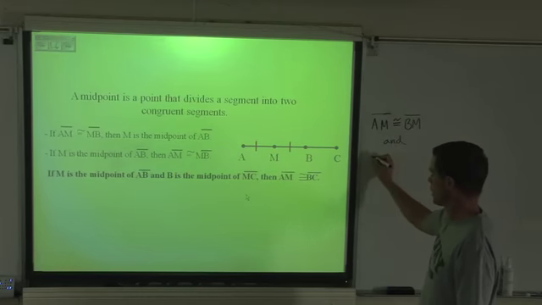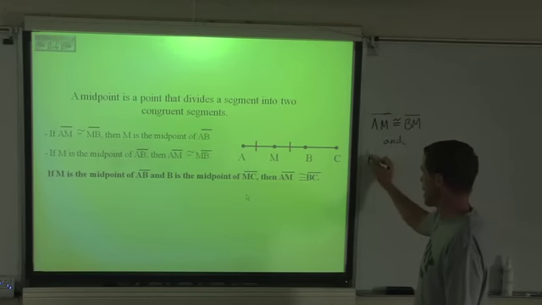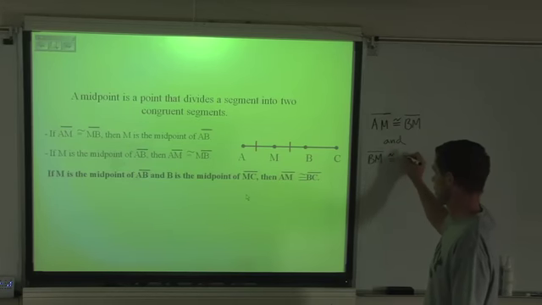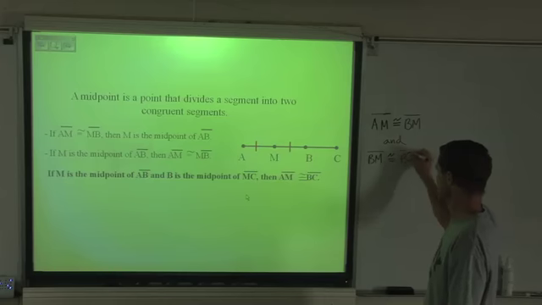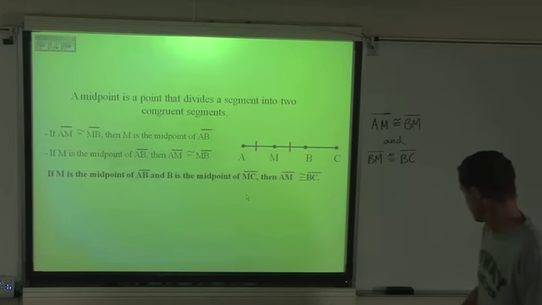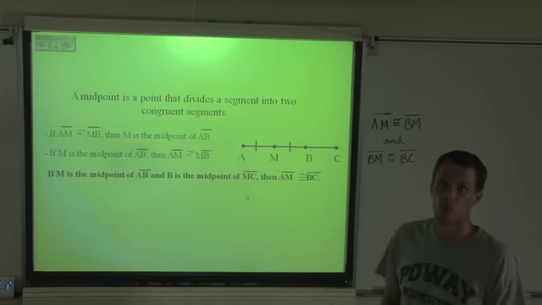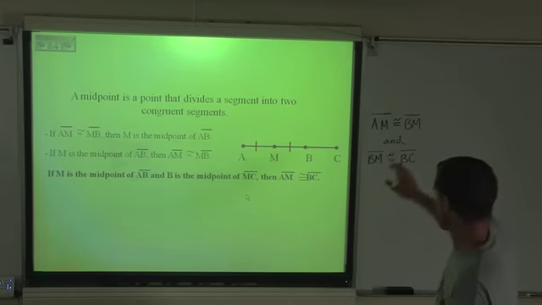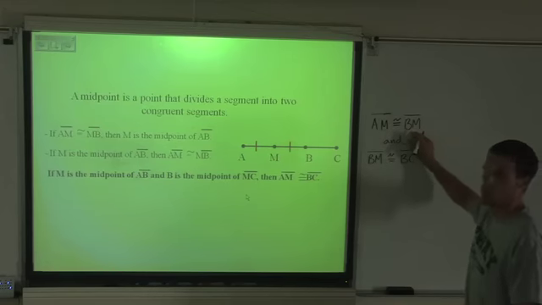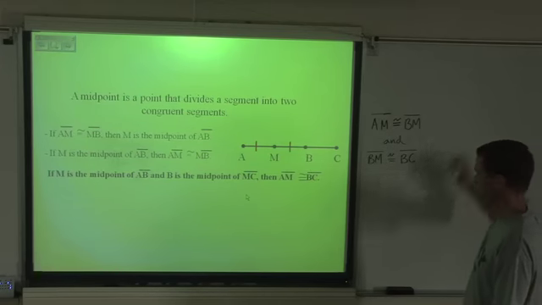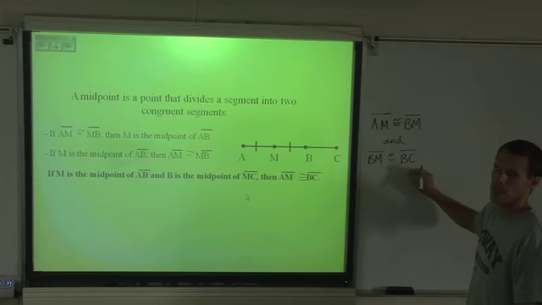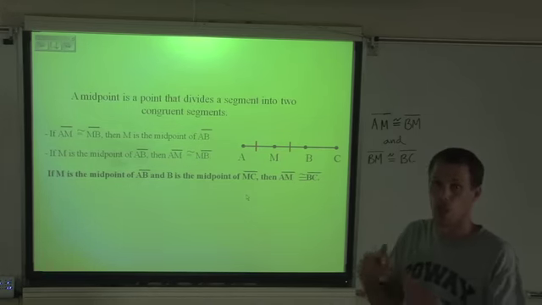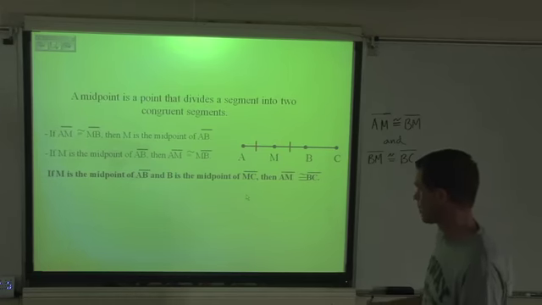And we know that segment BM is congruent to segment BC. We know each of these because we are told they are midpoints. We could write here, AM is congruent to segment BM because M is the midpoint. BM is congruent to segment BC because B is the midpoint of segment MC. We need to learn to say those things and write it that way.